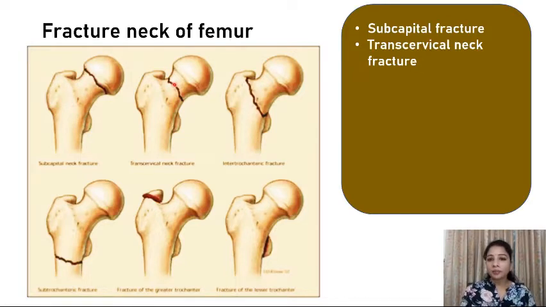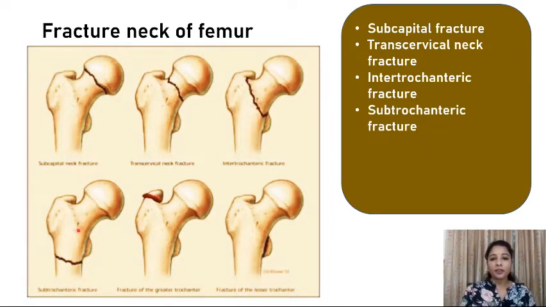The second type is the transcervical neck fracture, the fracture in the neck of the femur. The third is the intertrochanteric fracture, the fracture between the greater and the lesser trochanter, along the intertrochanteric line anteriorly. And the next is the subtrochanteric fracture, which separates the complete upper end of the femur from the shaft.